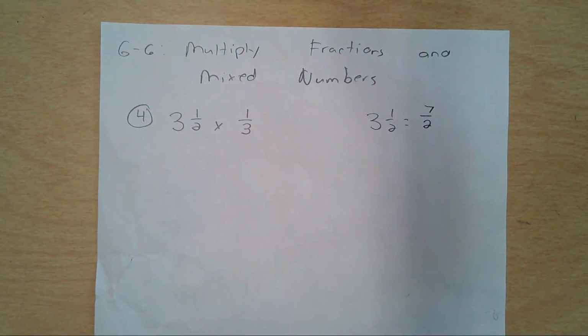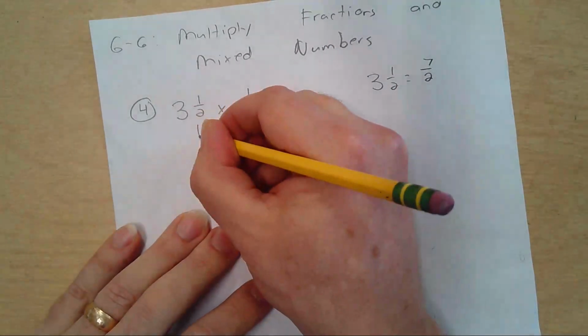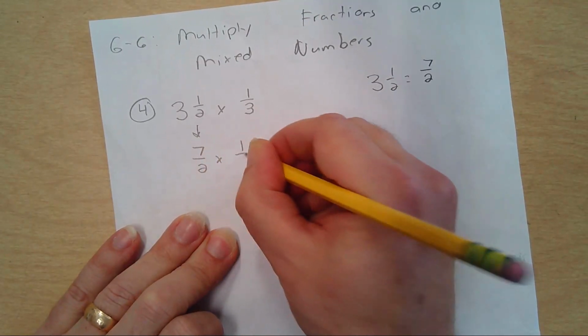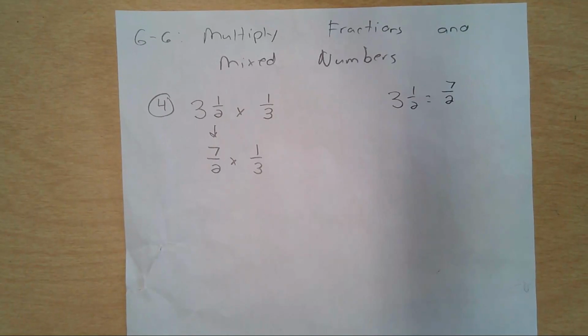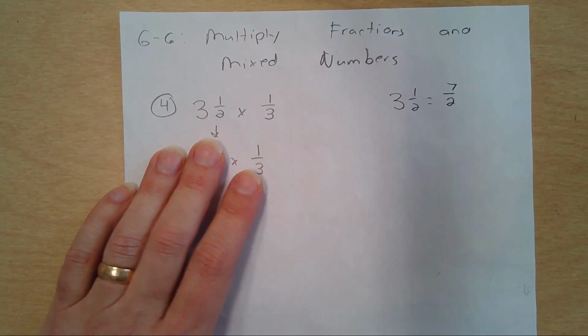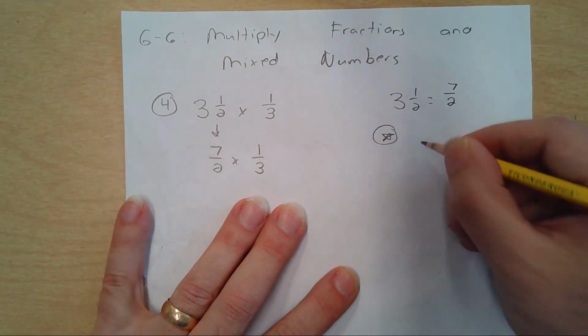Once it's in this form, now I can go ahead and multiply. You have to convert mixed numbers to improper fractions. Write it down if you want.